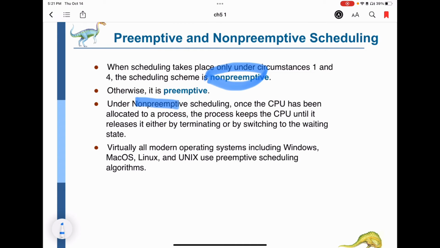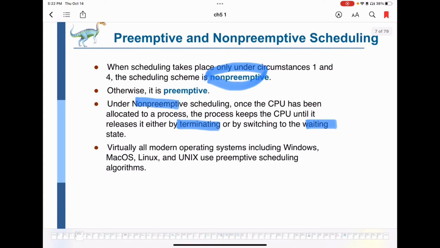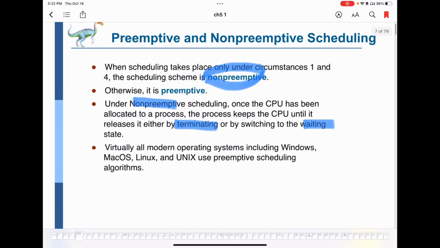Virtually all modern operating systems, including Windows, Mac OS, Linux, Unix, use preemptive scheduling algorithms. So, hindi siya yung naghihintay hanggang sa terminate. Kaya siya ay preemptive. So, bakit kaya preemptive? Kasi preemptive scheduling algorithms seem to work better than non-preemptive scheduling.